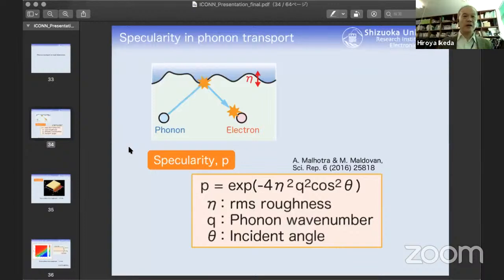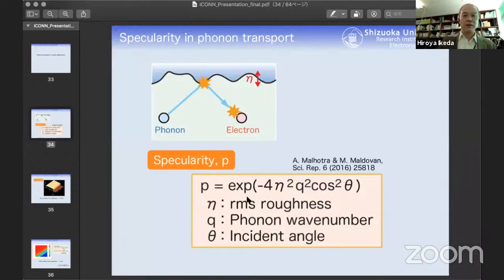Specularity is the degree to which the phonon is specularly scattered at the boundary, and it is expressed by this formula. Specularity depends on the RMS roughness eta, the phonon wave number q, and the incident angle theta.